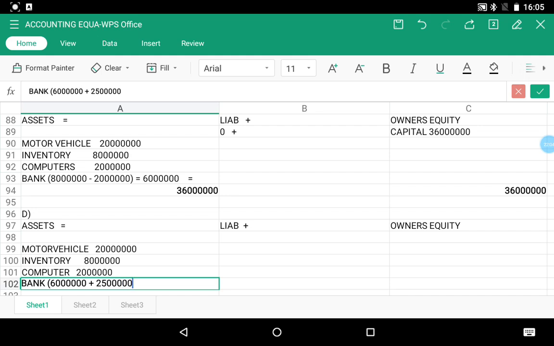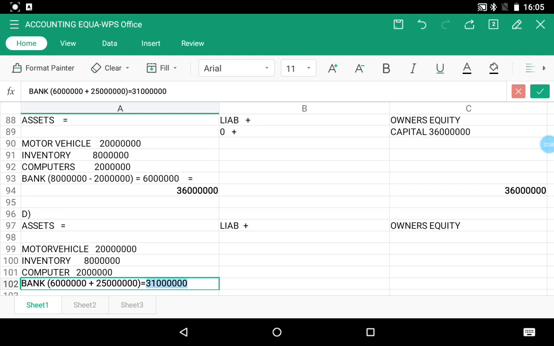If they say it was given by cash, there you add it on cash, but here it was deposited on bank account. So when you check 6 million plus 25 million, you get 31 million.